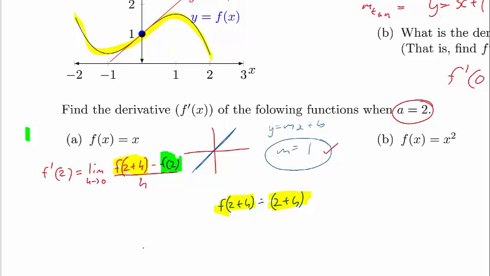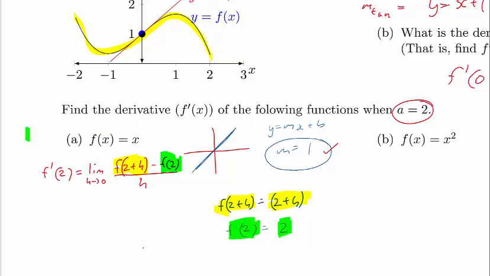And now for the green. f of 2 equals simply 2. And there's our green. Again, everywhere you see an x, you replace it with whatever you see there.